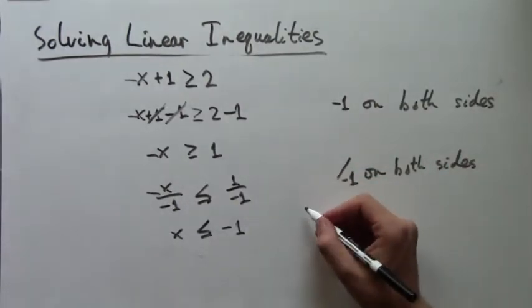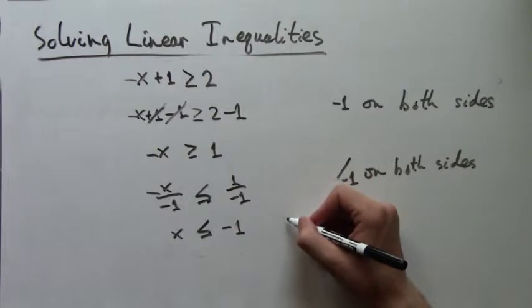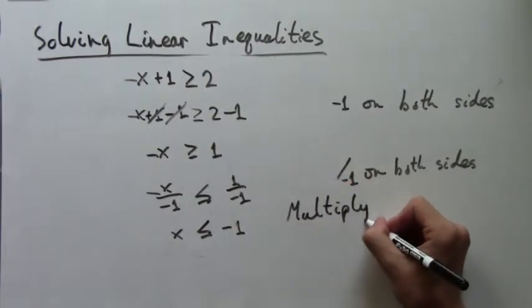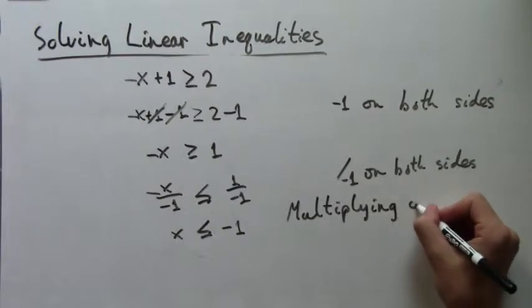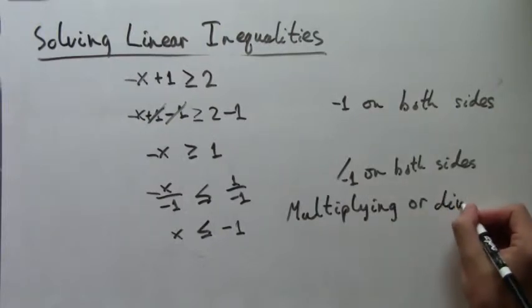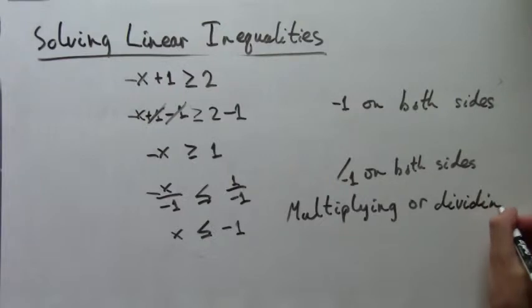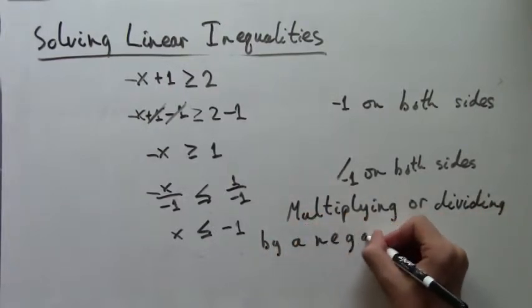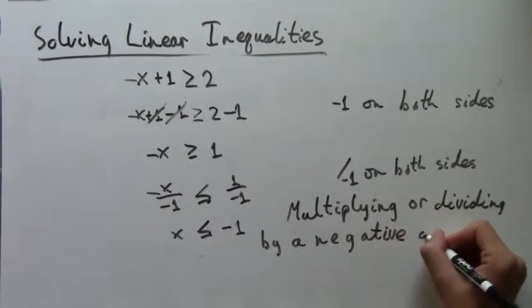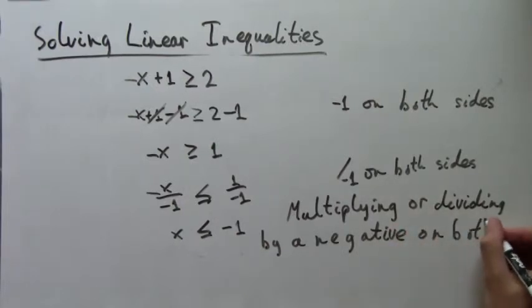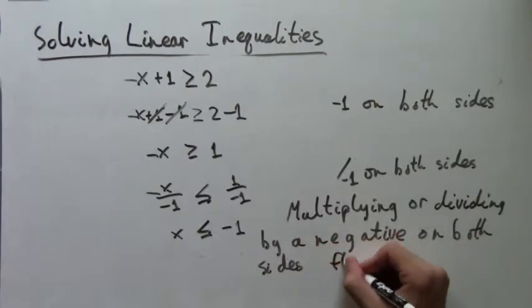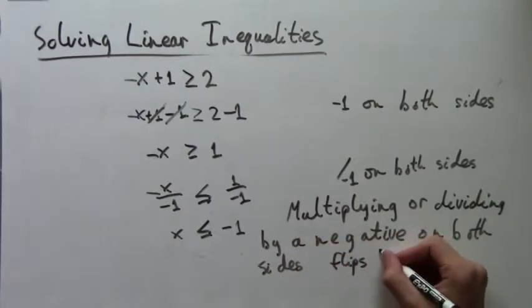So in this case, we divided by -1 on both sides. And of course, -1 is less than 0. It's negative. So the inequality has to flip from greater than or equal to, to less than or equal to. So x is actually less than or equal to -1. This is really important to remember. It's the only difference between equations and inequalities.